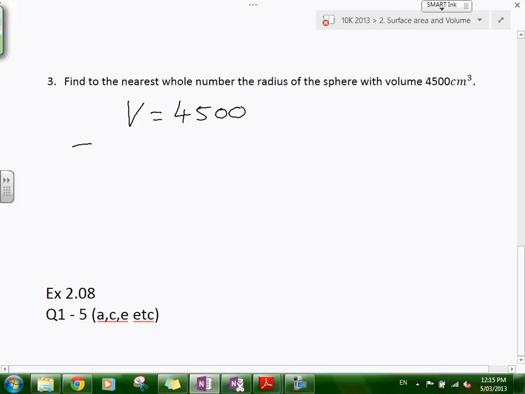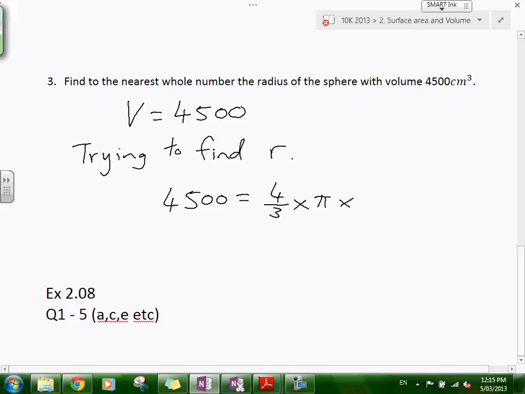We're trying to find r. So what we need to do is substitute into an equation all the information we know, and then see if we can solve it. So we have 4,500 is equal to 4 over 3 times pi times the radius which we're trying to find.